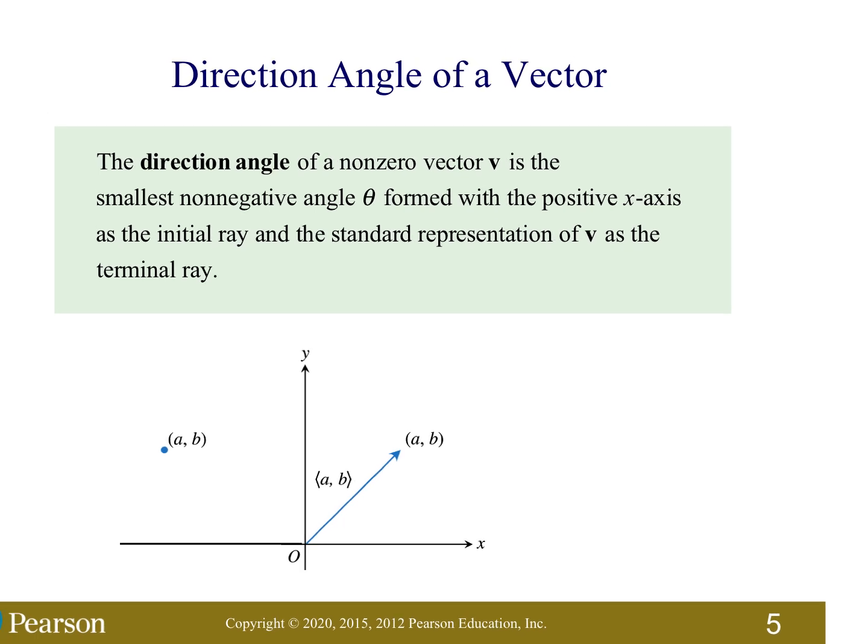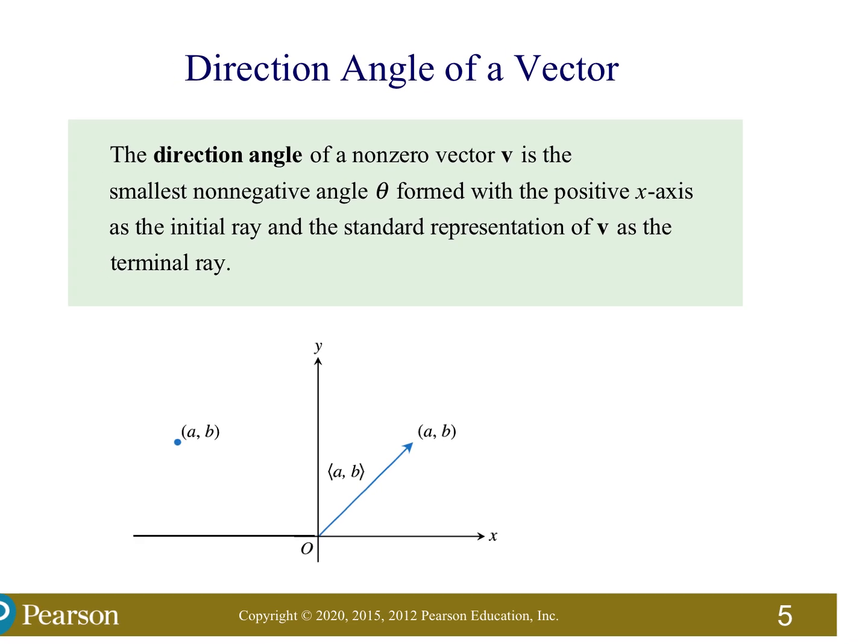All right, the direction angle of a vector always is a non-negative angle, so we're always going in a counterclockwise direction. We'll never be going in a negative direction, and it's also always formed with the positive x-axis as the initial ray. So we might say that that is the angle if we're in quadrant 1.